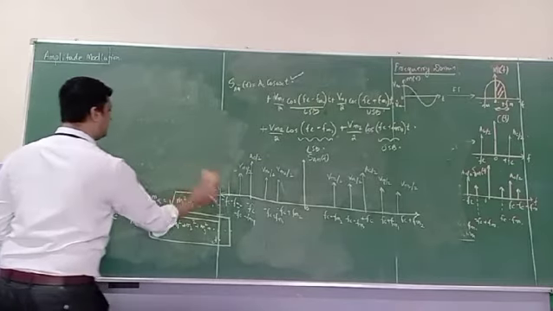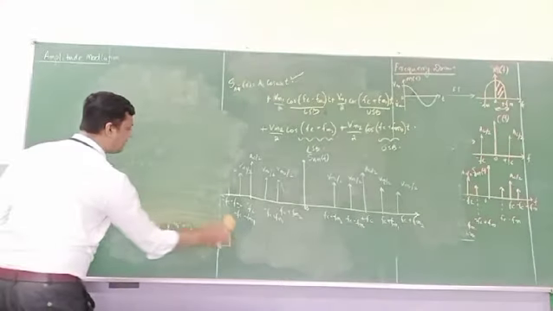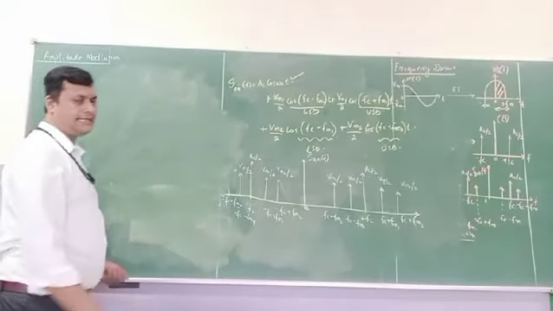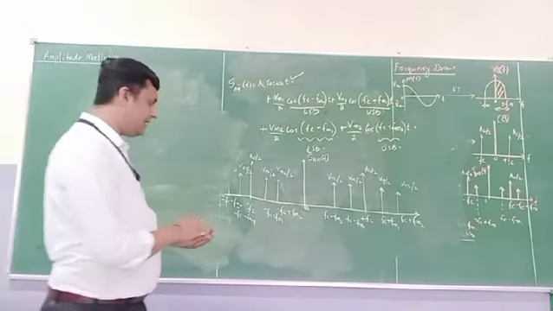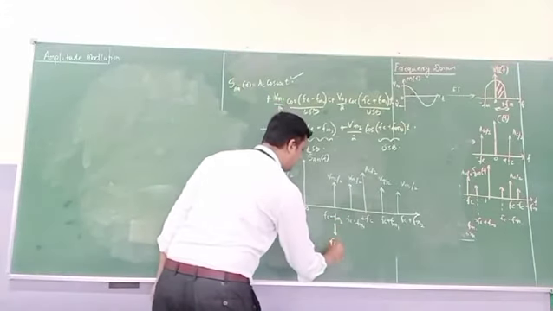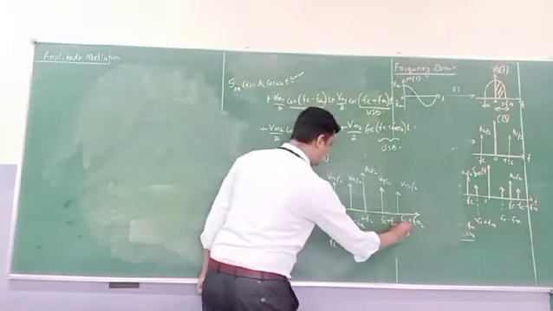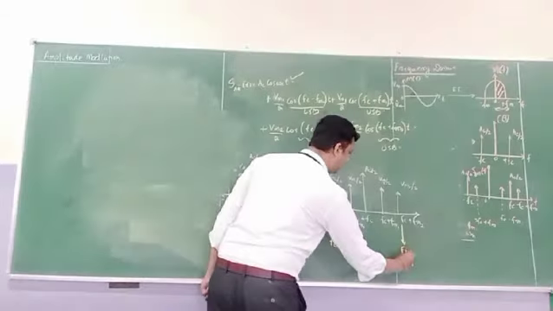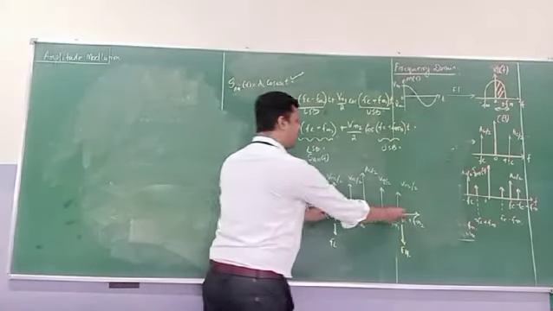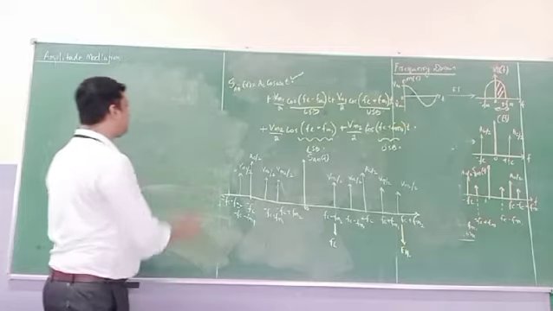So what will be the bandwidth of this multi-tone signal? Bandwidth of a multi-tone signal calculation is very easy. From this you can see this is your lower frequency component and this is your higher frequency component. So what will be the bandwidth?